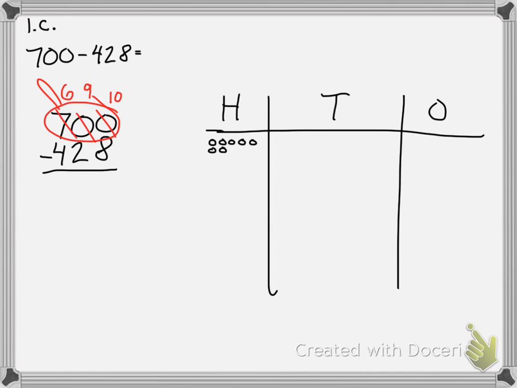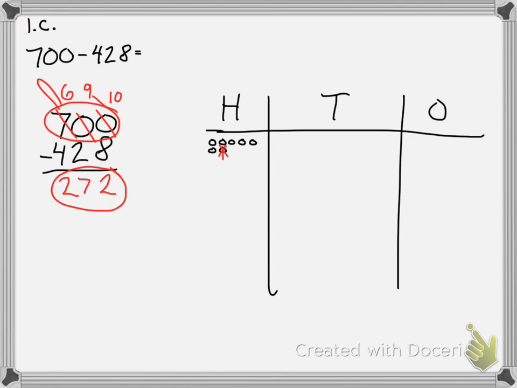So 10 minus 8 is 2. 9 minus 2 is 7. And 6 minus 4 is 2. So we have 272.